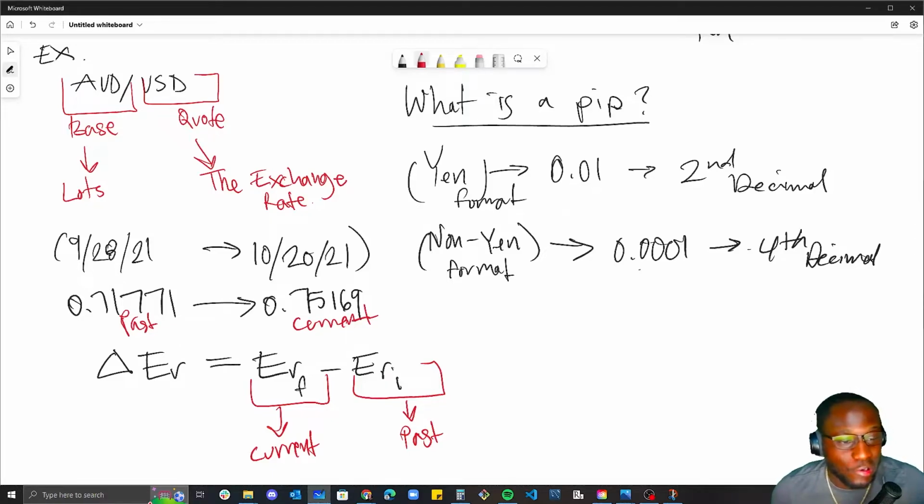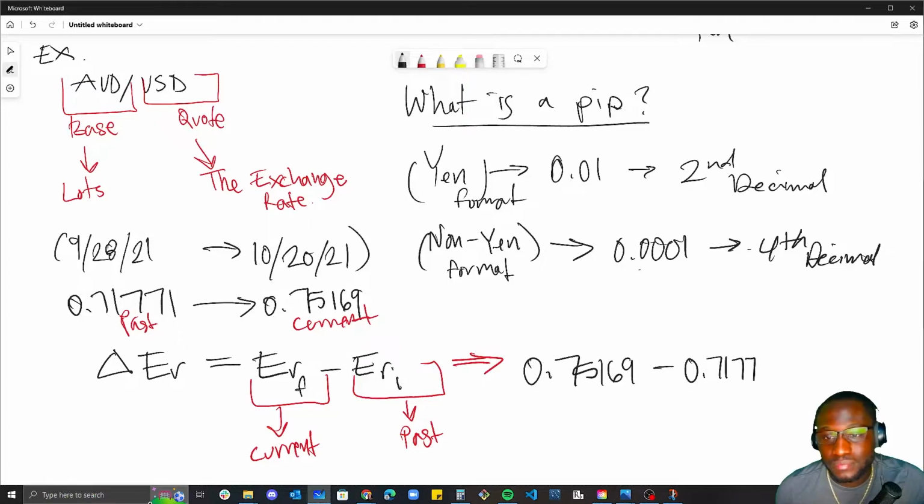The delta ER, which is the change in exchange rate between these two exchange rates, equates to 339.8 pips.